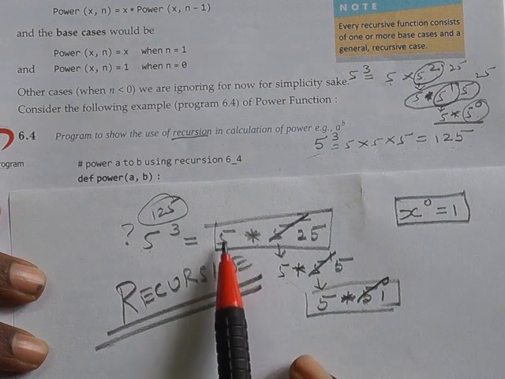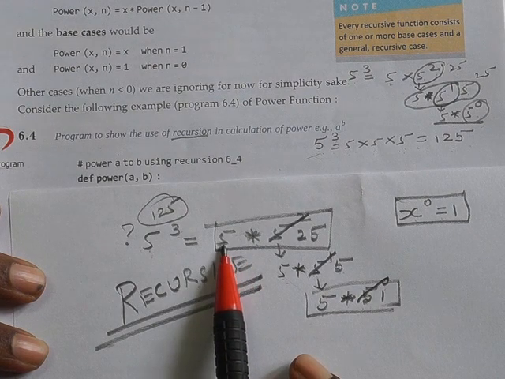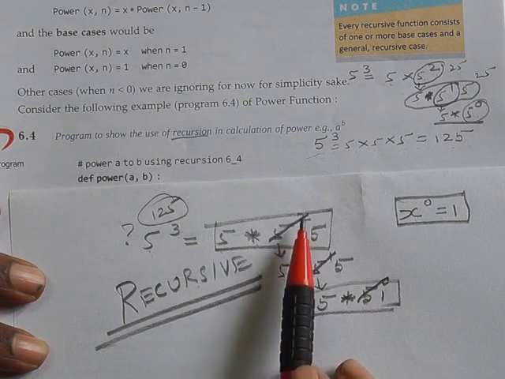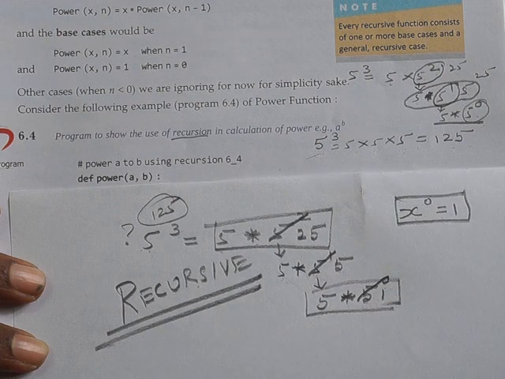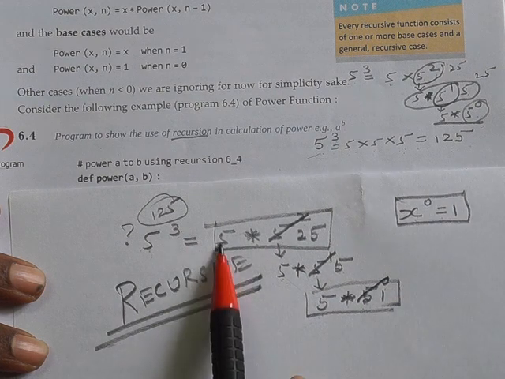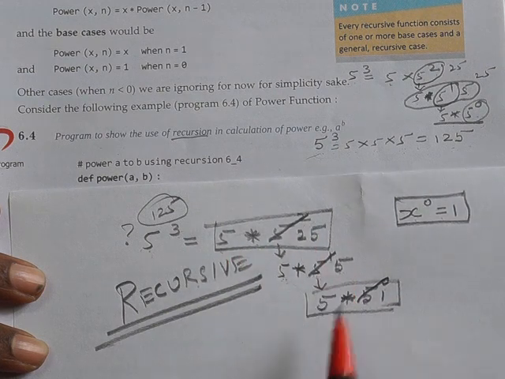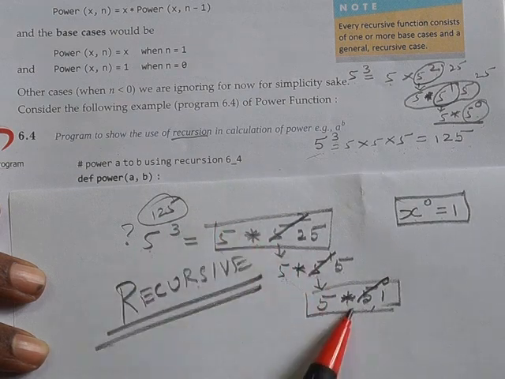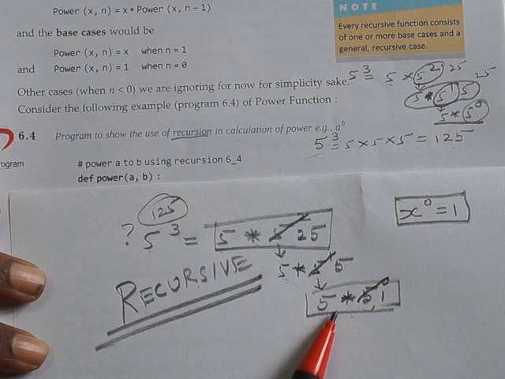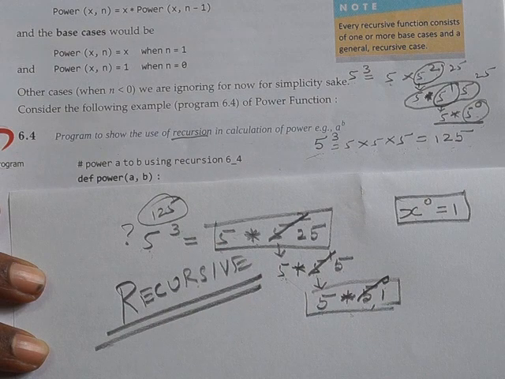How, sir, is this a recursive method? 5 into power of a number, then 5 into 5 power something. You see, 5 into 5 power something, 5 into 5 power something. All the time we are using the same formula, right? So this kind of formula is nothing but a recursive method. Got it? Okay.